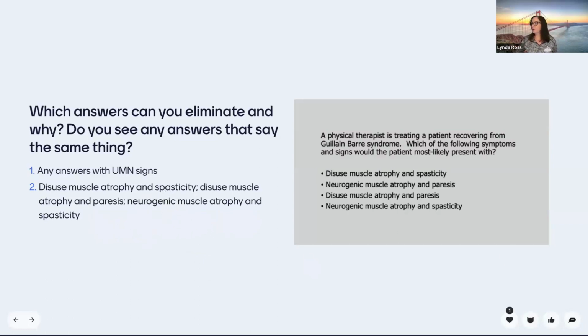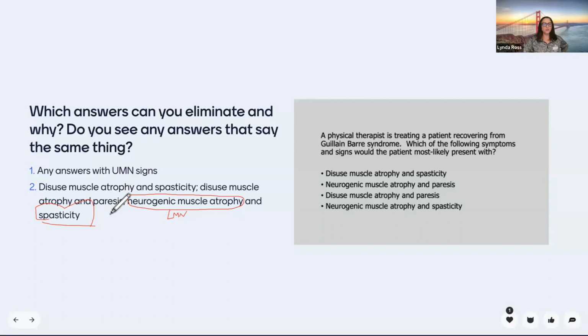We know that our peripheral neuropathies have this kind of atrophy, right? It's rapid, it's massive, 70 to 80% loss of muscle mass. But that's upper motor neuron, lower motor neuron, right? So that could not be the correct answer. Tricky, huh?